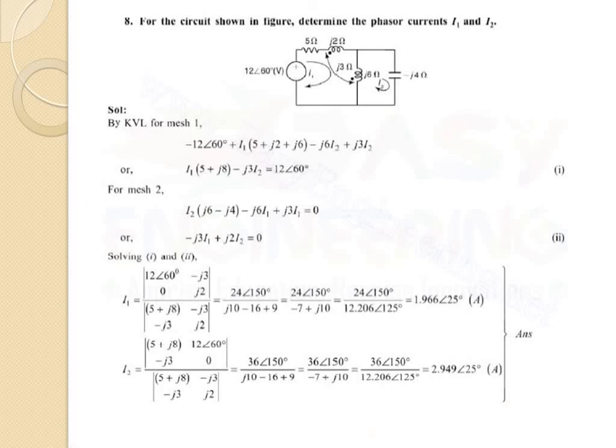Here the mutual inductance is shown. This is current entering, and here current leaving. That means the mutual inductance effect will be minus. So the mutual inductance effect here is considered as minus j6 I4.